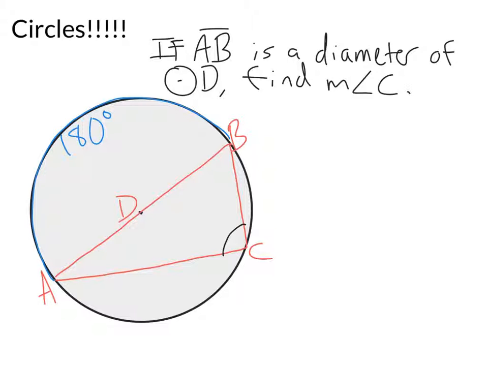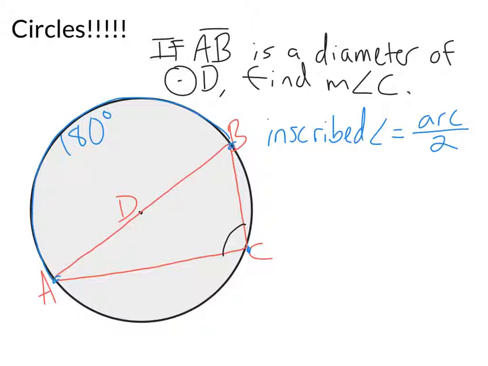Okay. Well, if my angle intercepts a 180 degree arc, and that angle is an inscribed angle, meaning it's on that circle, what's my formula for that? Remember, an inscribed angle is equal to the arc that it intercepts divided by 2.